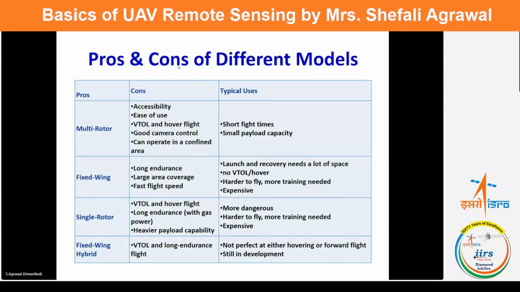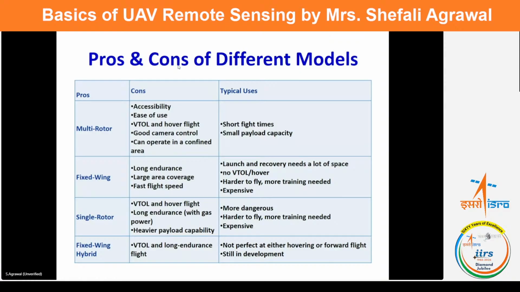Fixed wings can fly for longer distances and longer time and cover a large area. They are more stable platforms as compared to the rotary wings, but they need space for taking off and landing, flying them needs specialized training, and they are slightly more expensive as compared to the rotary platforms.